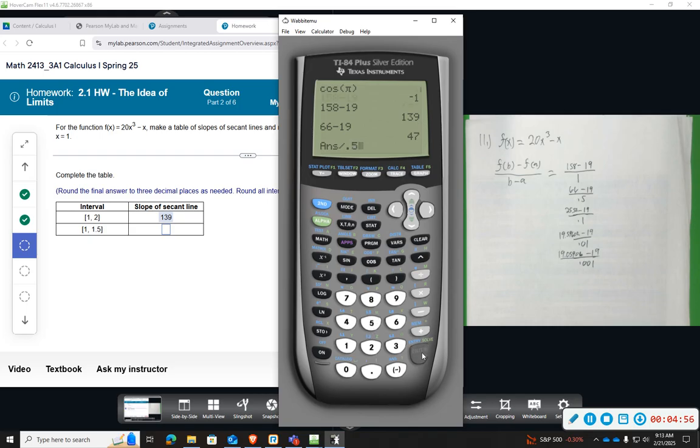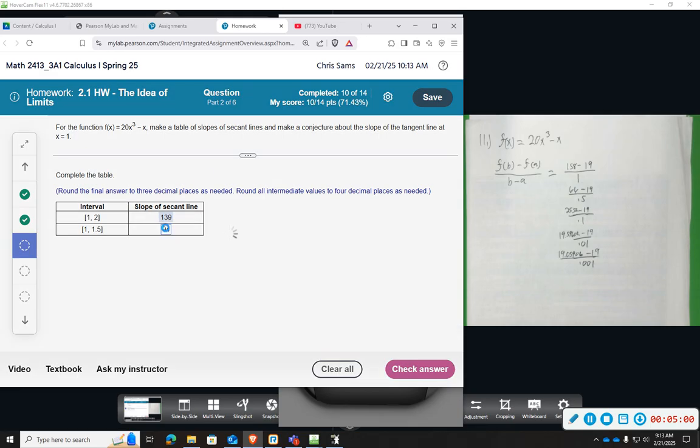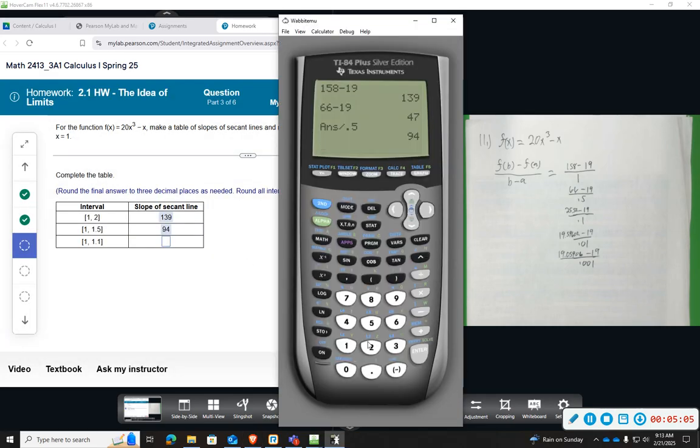It gives us 94. Then 25.52 and subtract 19. This gives us 6.52. We divide by 0.1. That gives us 65.2.